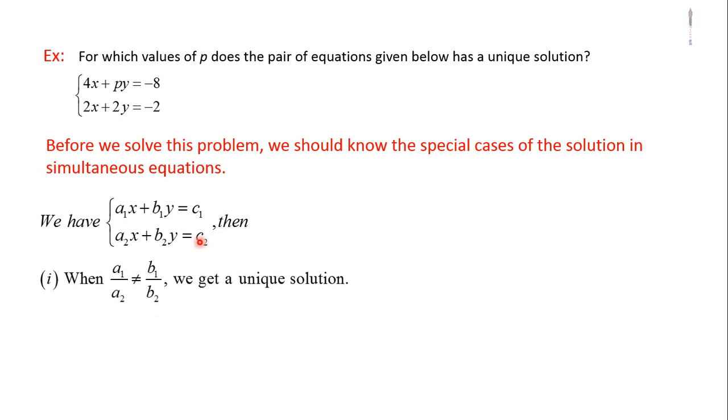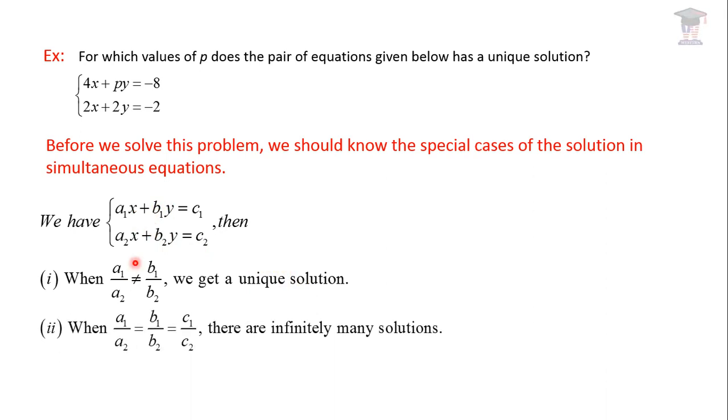The first one: if the ratio of the coefficient of x is not equal to the ratio of the coefficient of y, we get a unique solution. It means that this simultaneous equation has only one solution.